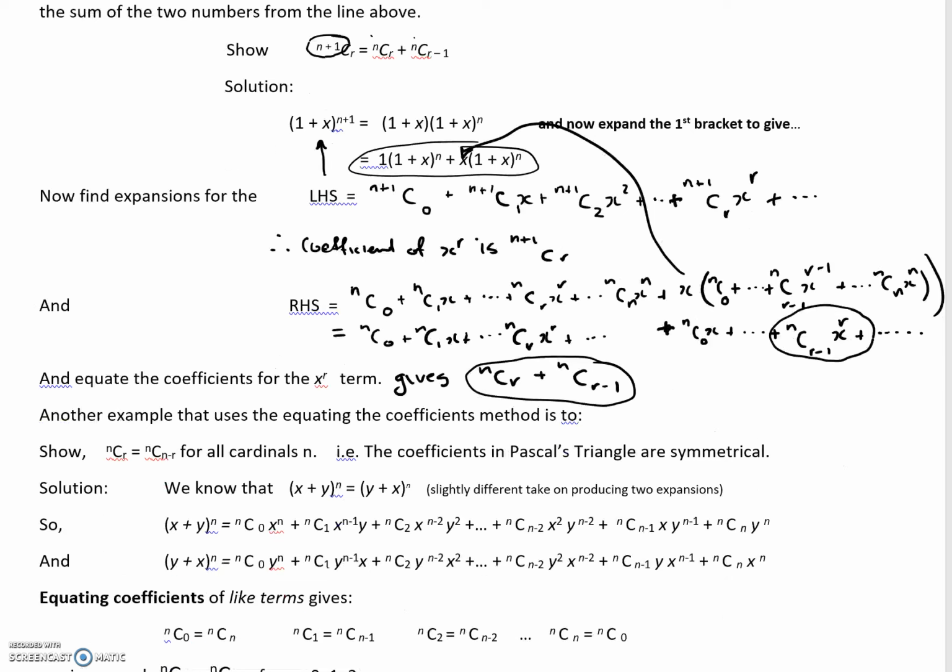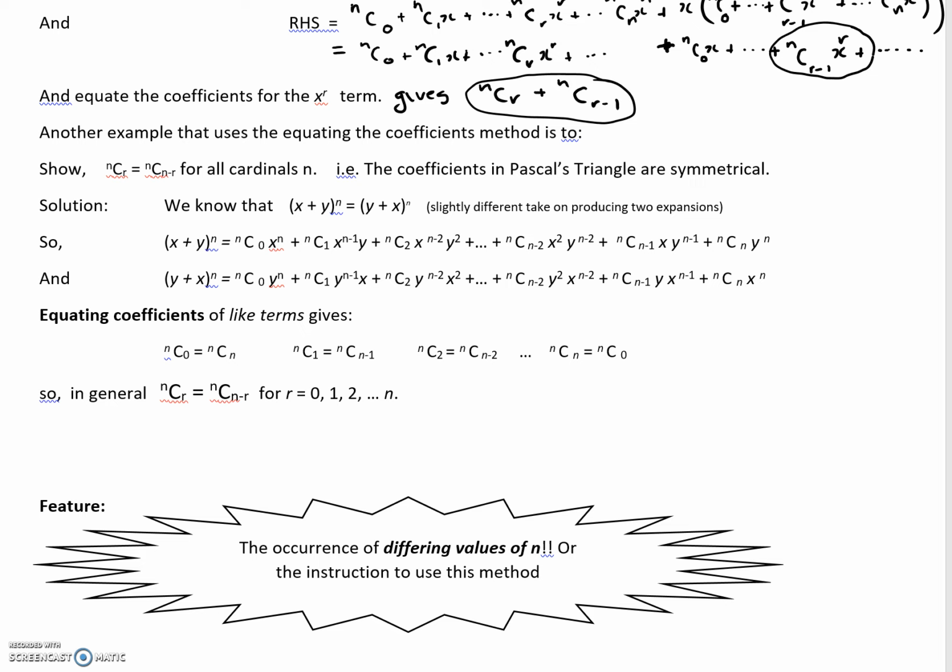Okay, let's have a look at another example, which I think might be the one that was in the first or second exercise of the chapter. And again, we're showing that the coefficients of Pascal's triangle are symmetrical, and it's a bit of a variation.